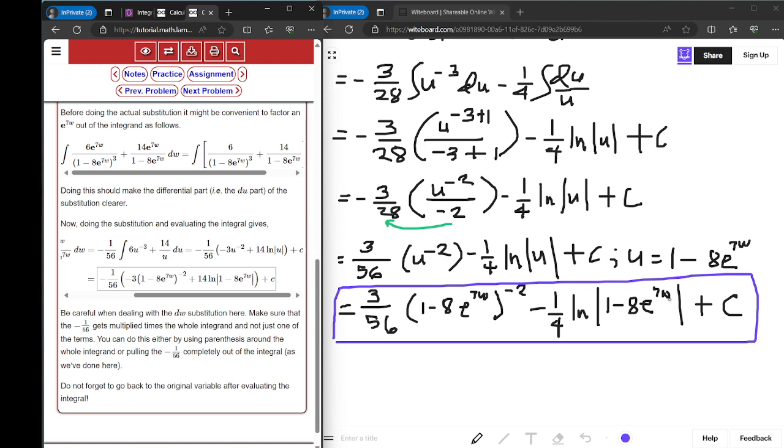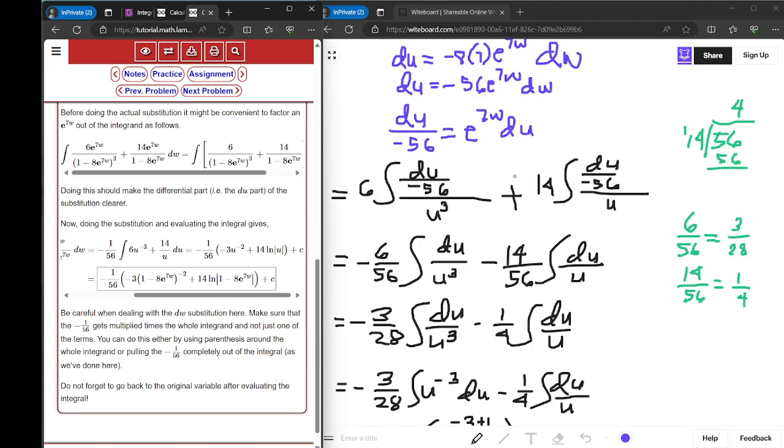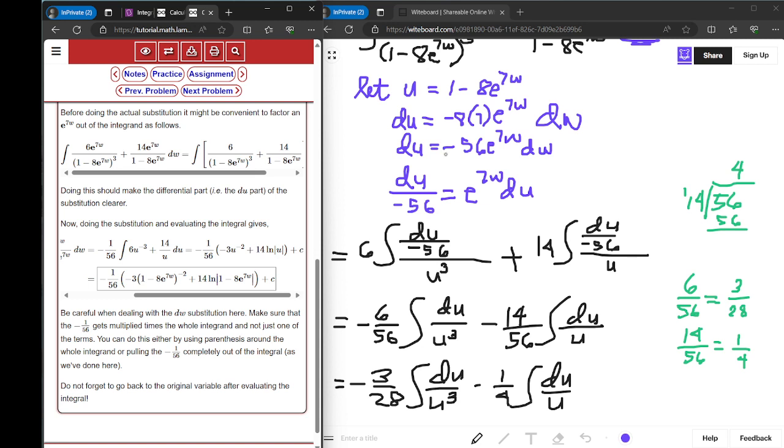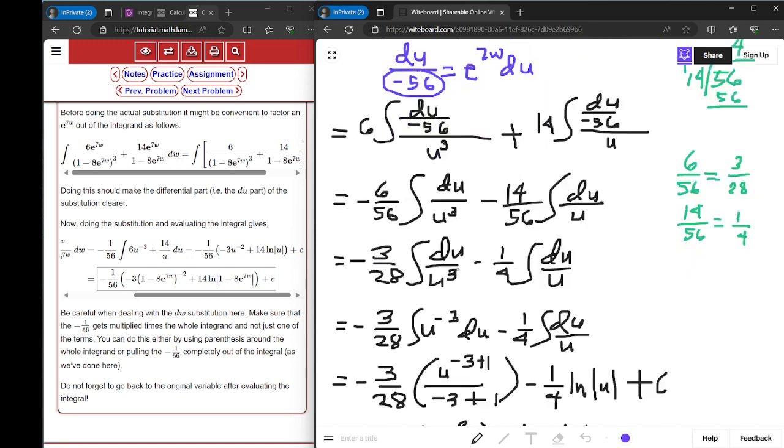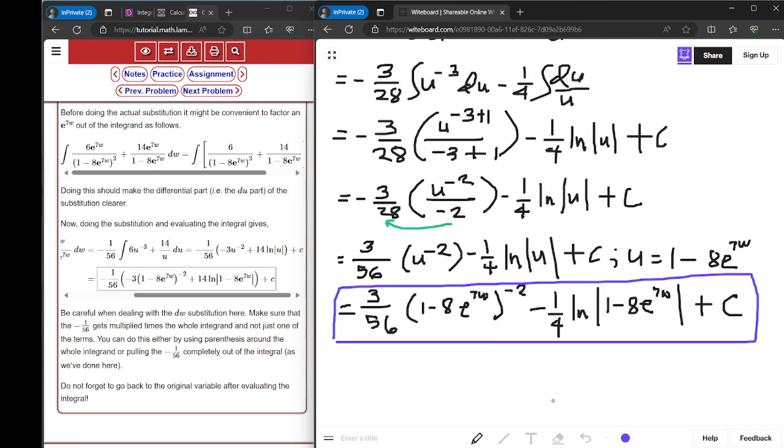Usually, I think Paul likes to factor out the common part when using substitution, so it factors out negative 1 over 56.